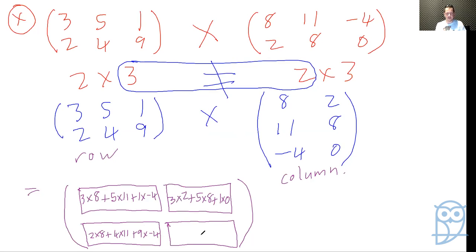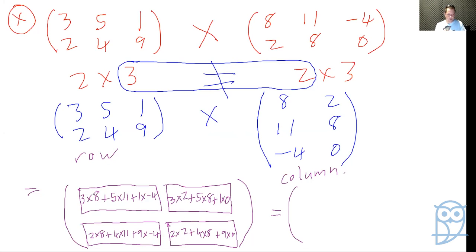And the last one is second row, second column, therefore second row, second column. 2 by 2, 4 by 8, and 9 by 0. And here we see how we get our 2 by 2 in the end, because there's only 2 rows we can multiply and 2 columns we can multiply.